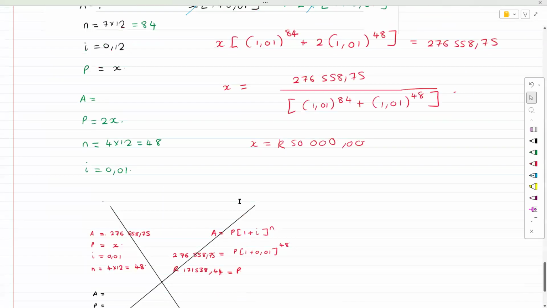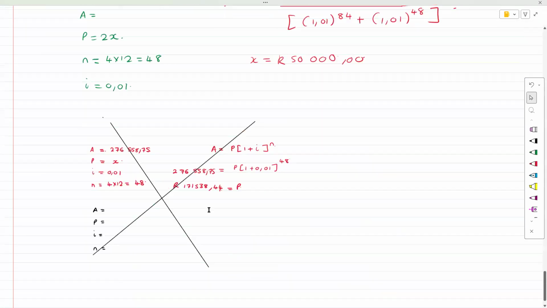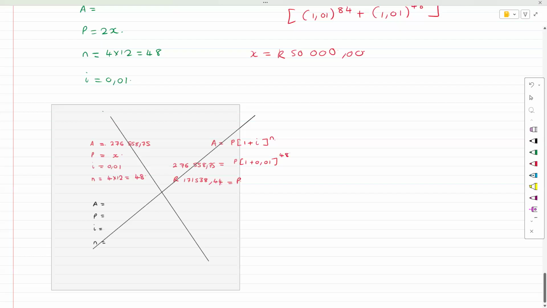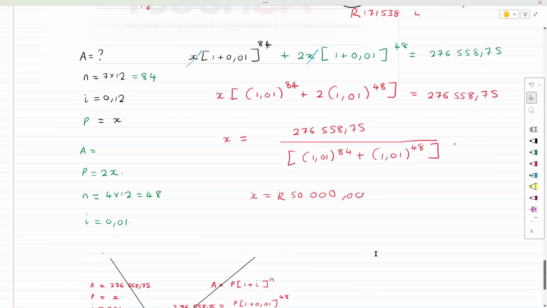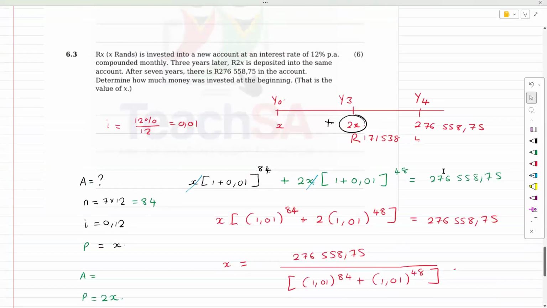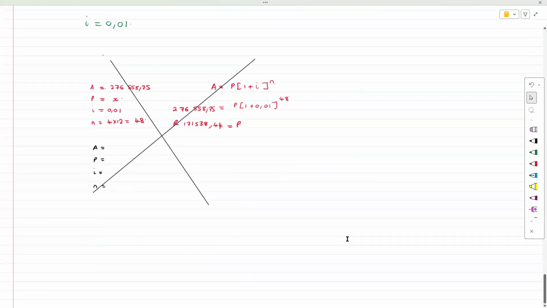Guys, this question wasn't too difficult. I did try something first. I had an idea, and I thought I could work backwards to get this timeline. But when I reached year 3, I realized that this guy added 2x, and I don't know how much x was. It was absolutely impossible for me to calculate it. So I got stuck. I'm leaving this here because I think a lot of people would work backwards as well.